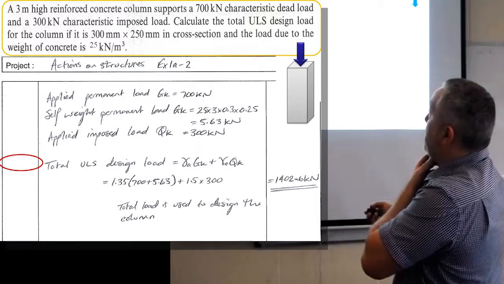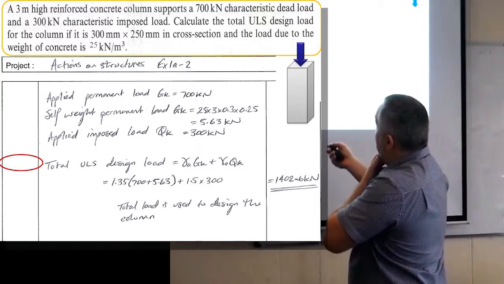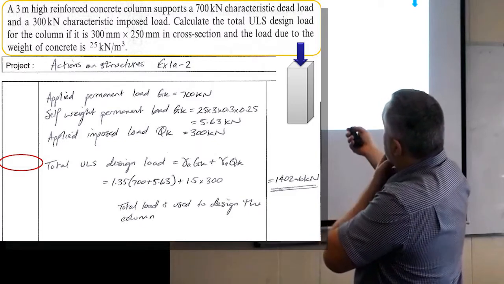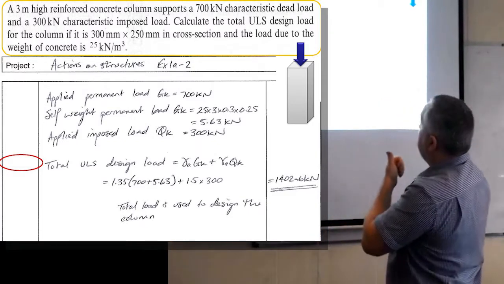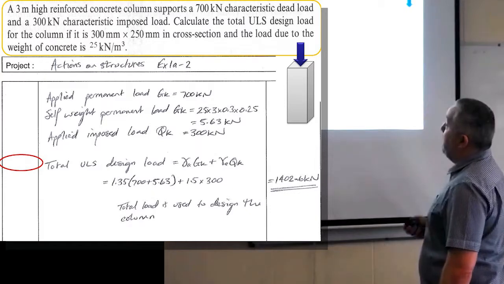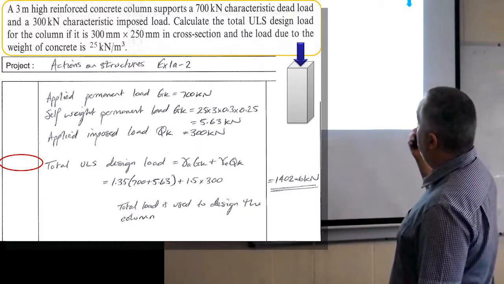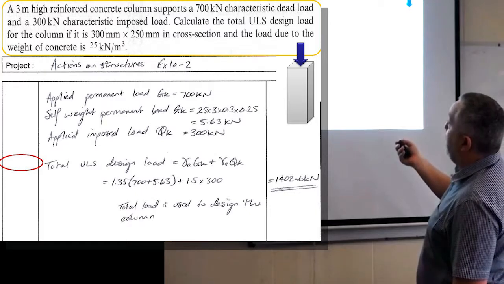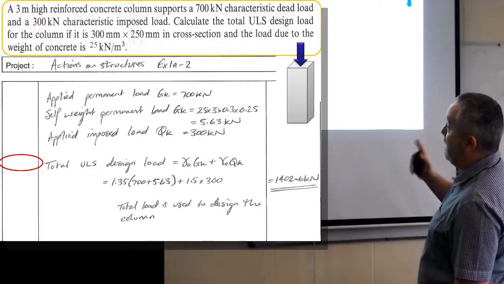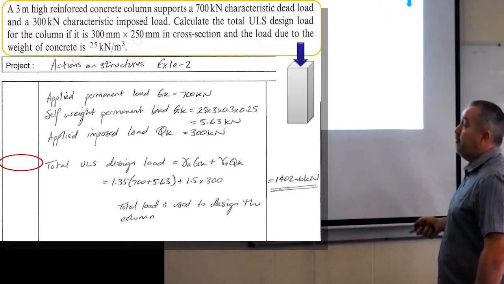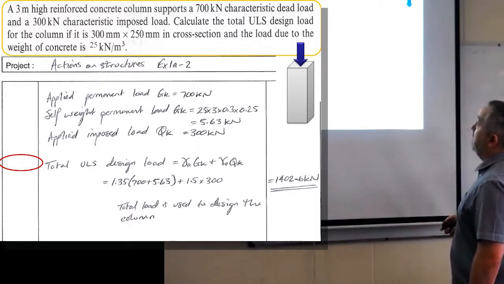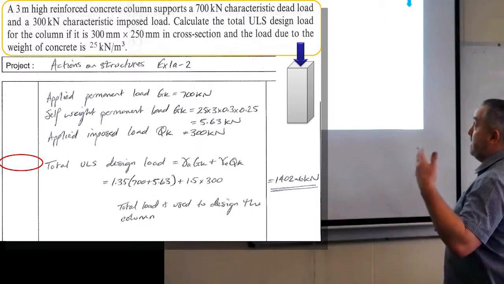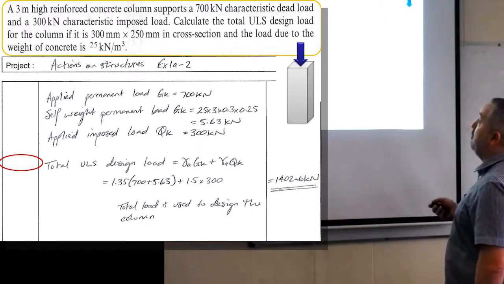From the question, we've got our applied permanent load GK. So that's from the question. Our dead load is 700, and then you've got the dead load of the column itself. We're told that the concrete is 25 kilonewtons per metre cubed. So your mass is density times by volume.